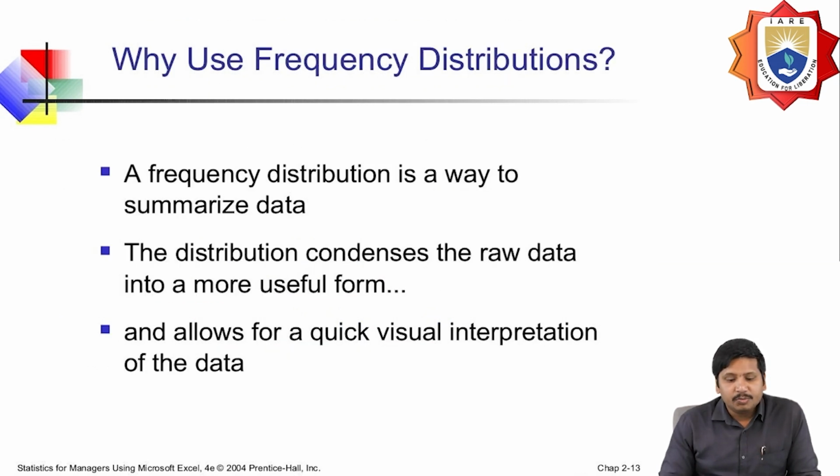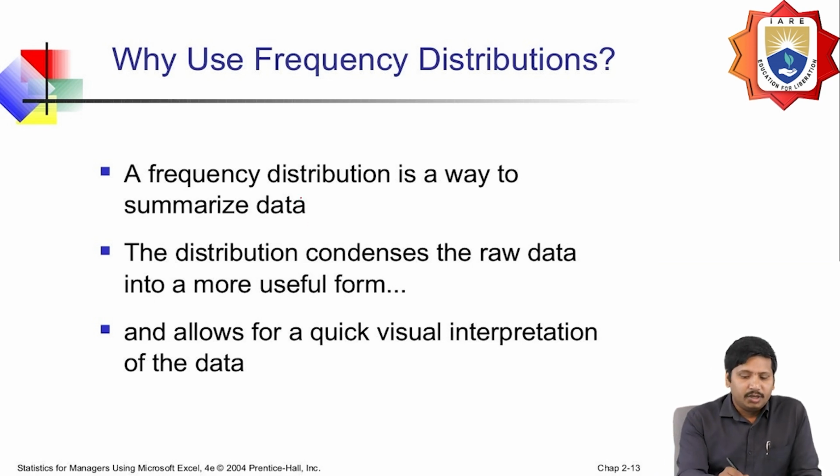So the frequency distribution is a way to summarize the data. This distribution is able to condense the raw data into a more useful form, and it also allows for a quick visual representation of the data. So why are we going to use the frequency distribution?